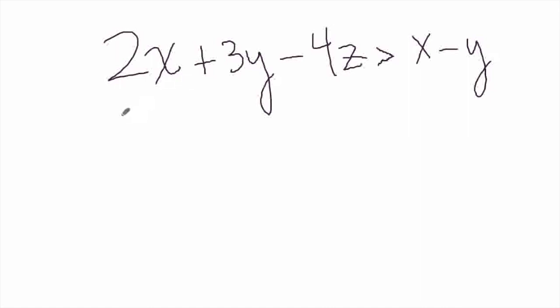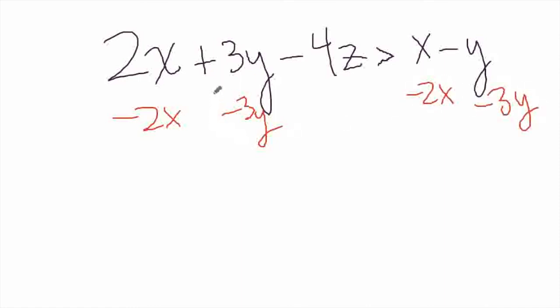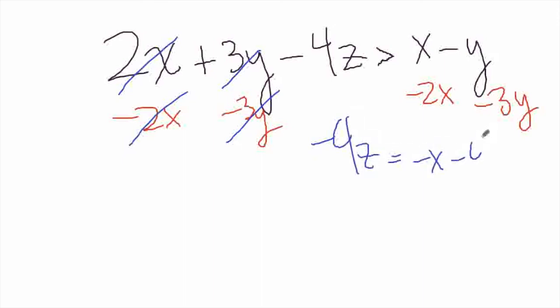I would move everything to the other side with some careful subtractions. Then we blow stuff up, which we love. Okay, so we get to the blue. Now, the next thing I'm going to do, I'm not going to change it to an equal sign.